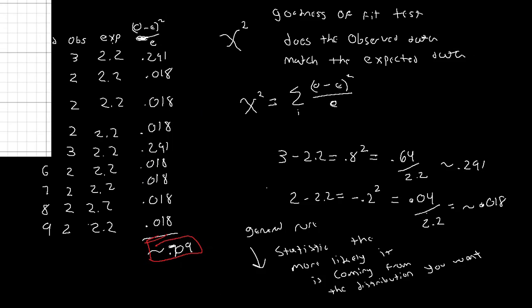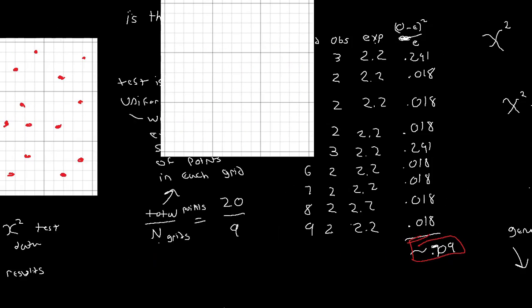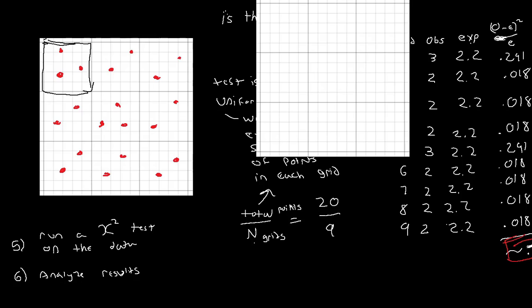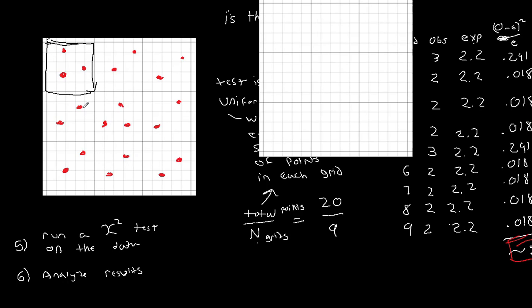And if we scroll back up and go to our little diagram here, that makes perfect sense, given that this looks like it would be uniformly distributed.